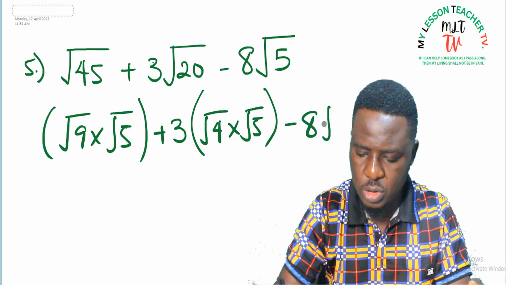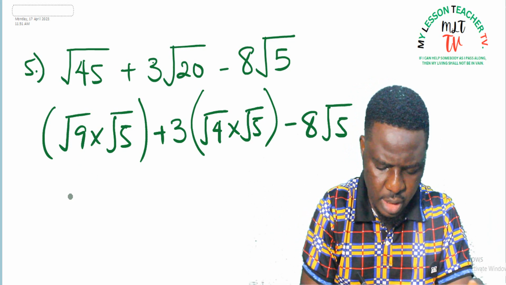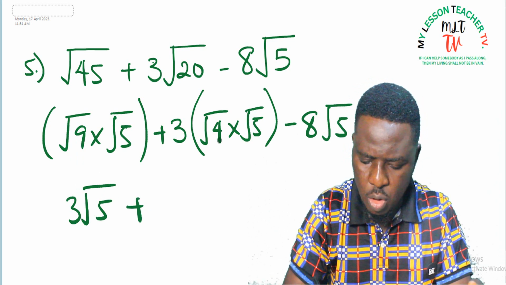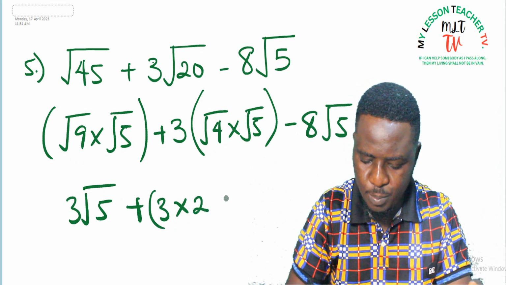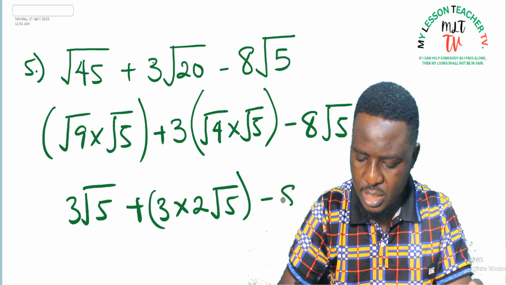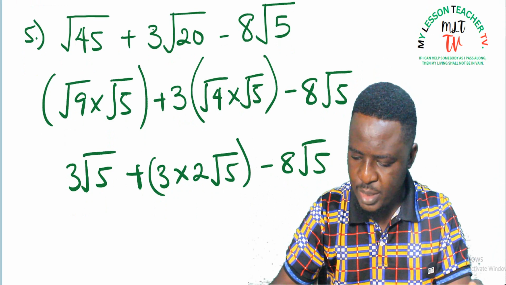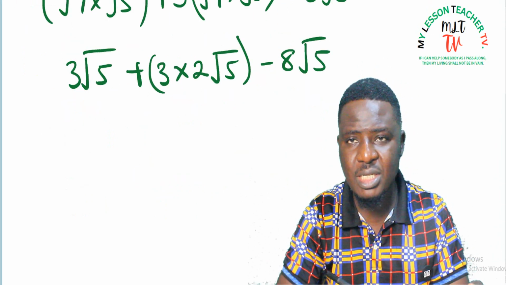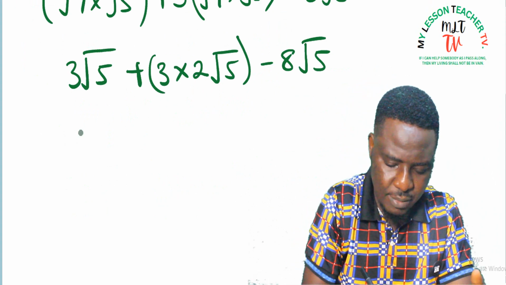Simplifying this further, root 9 is 3, so we have 3 root 5 plus 3 times root 4, which is 2, that's 6 root 5, minus 8 root 5. Now we have been able to simplify them or express them in their basic surd forms. Now simplify them further and collect like terms.